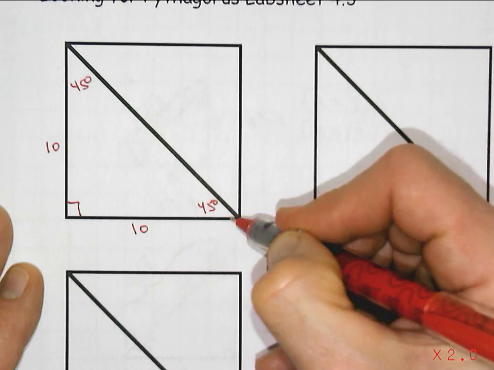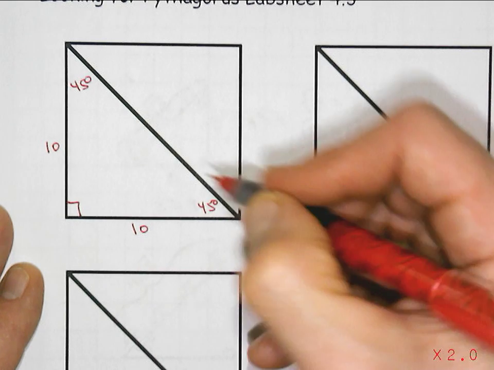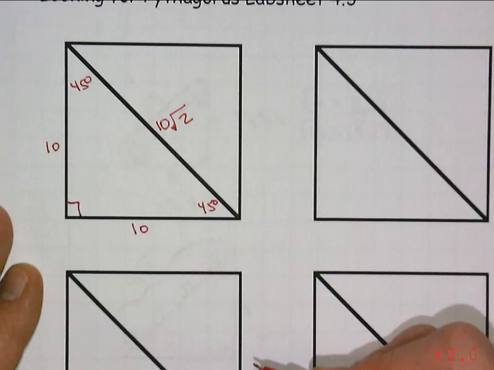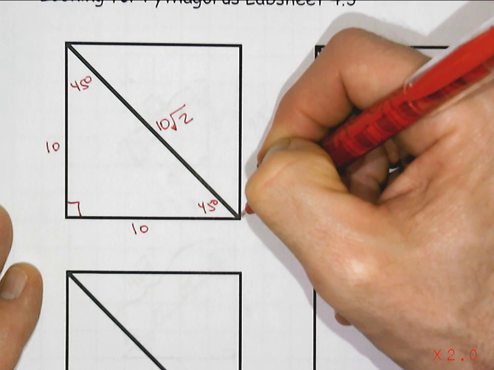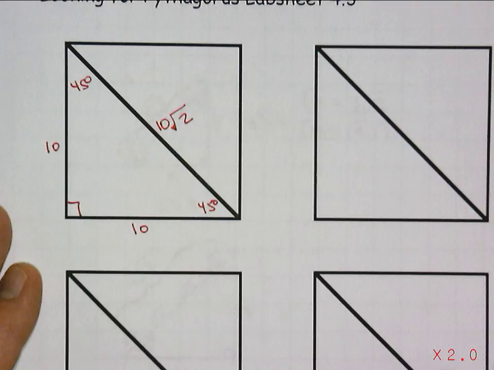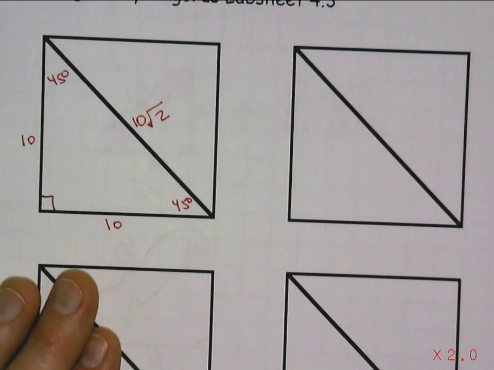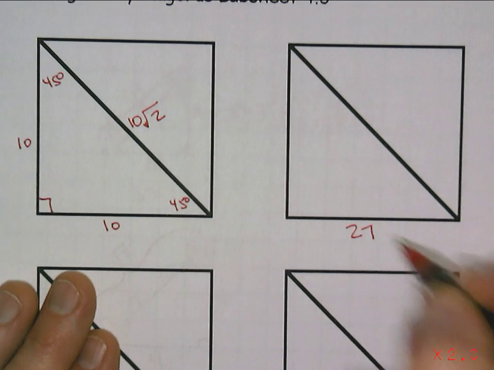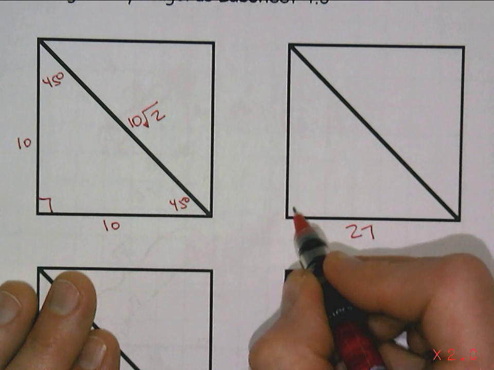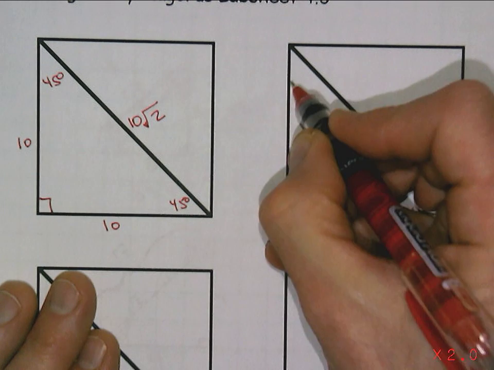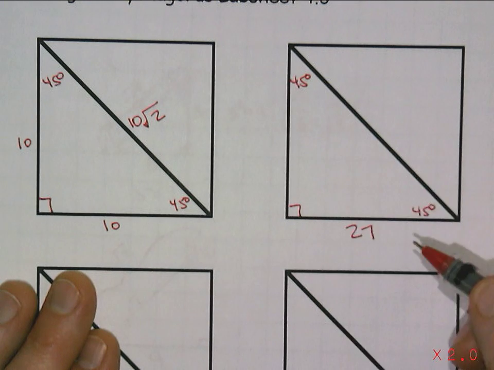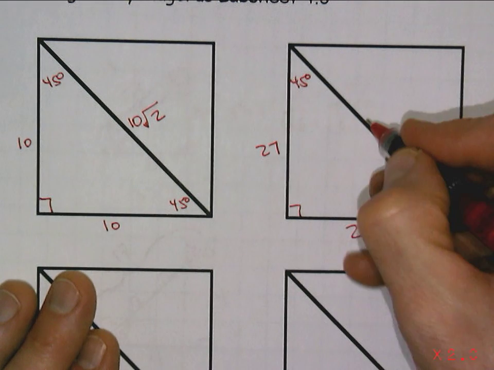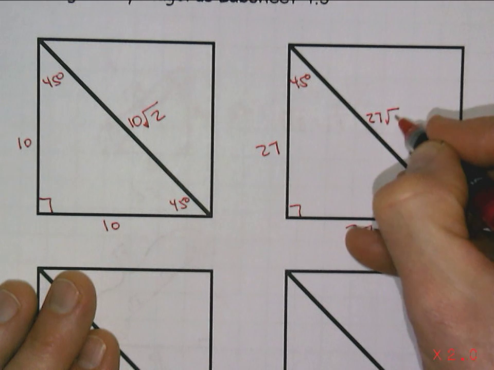And the diagonal distance across here is going to be 10 times the square root of 2, or 10 square roots of 2, because it's going to be 10 of those square roots of 2 to get all the way across. If I said this distance across was 27 for a leg of a 45, 45, 90 triangle, then the other leg has to be 27, and the hypotenuse has to be 27 times the square root of 2.